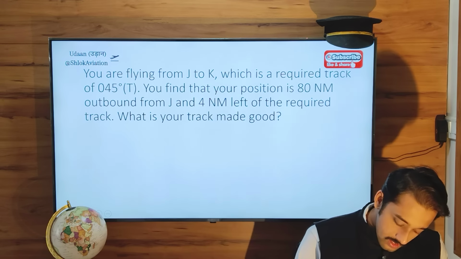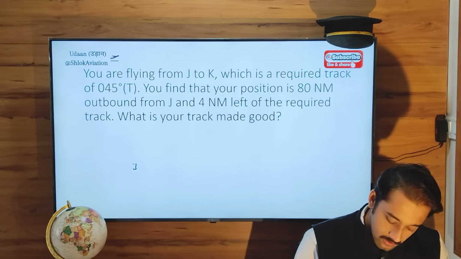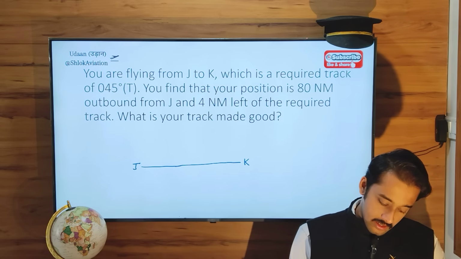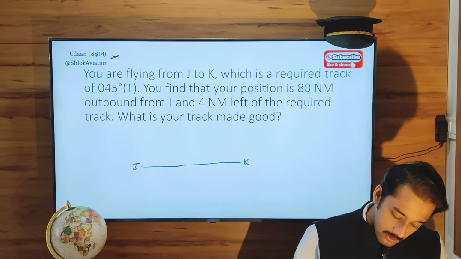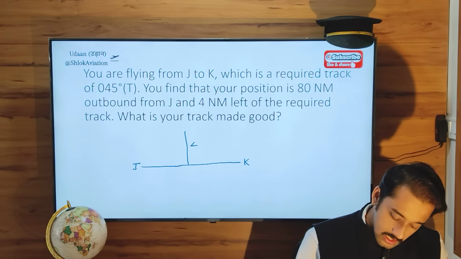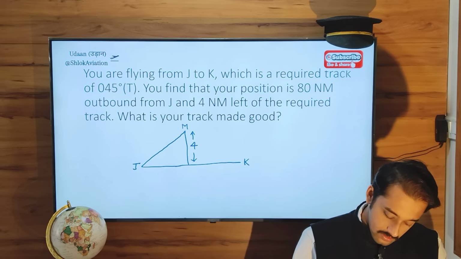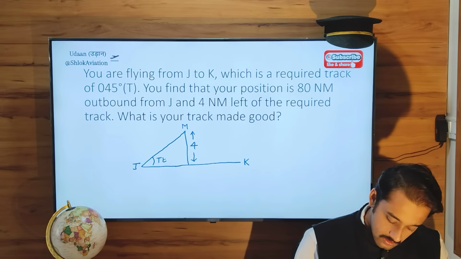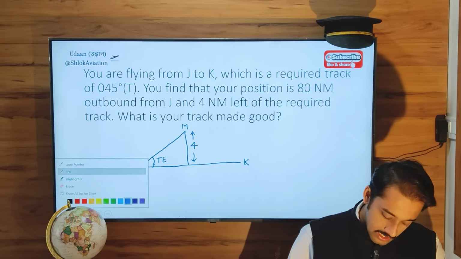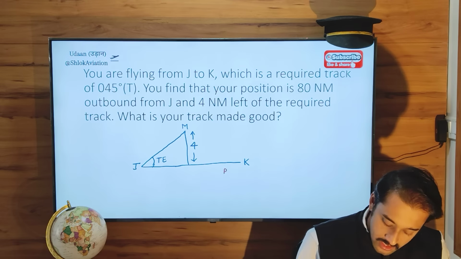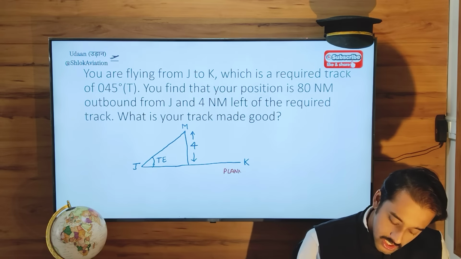Simple. So you're traveling from J to K. Okay, and you are 4 nautical miles to the left of the required track. So let's label this planned track. This planned track is JK.